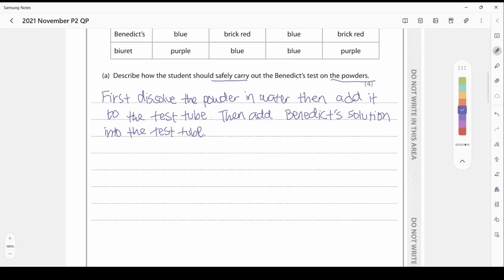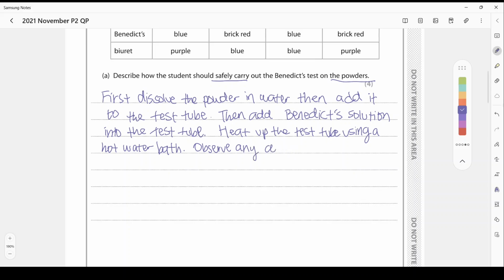Okay, then heat up the test tube using a hot water bath. Observe any color.